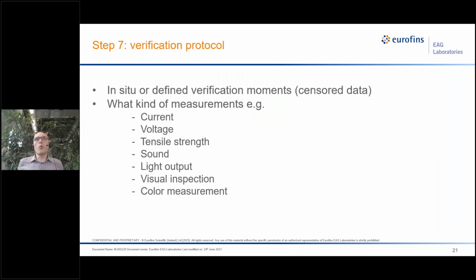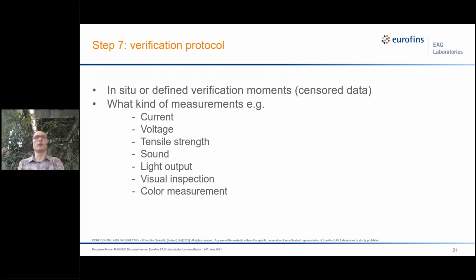And then the last step we want to consider is the verification protocol. It is necessary that we can take measurements during the lifetime tests or at certain times to determine the status of the product. Does the product still meet the criteria?